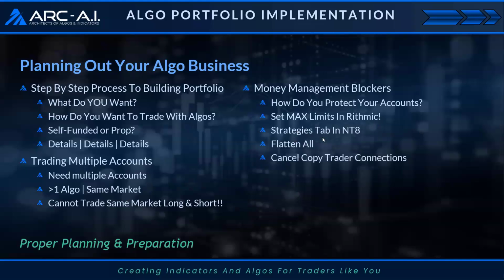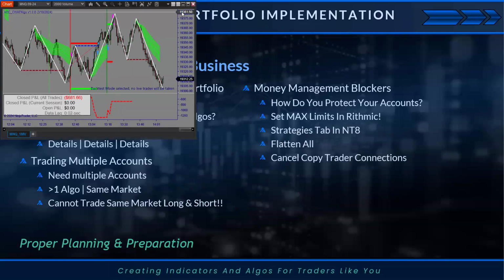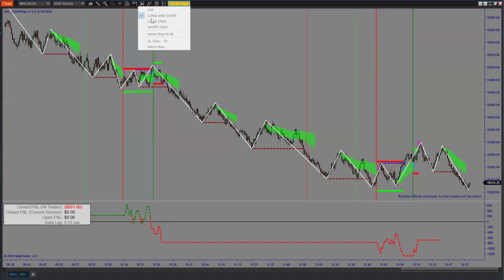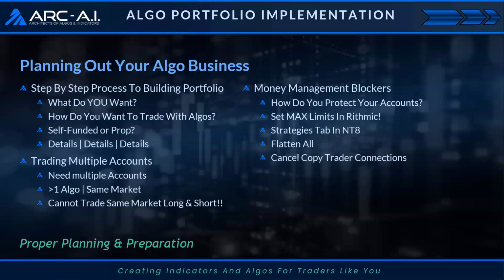Or you can use the drop down menu, and you just hit off. If you're live trading, these will be highlighted and you can click them and hit off and it's going to close your trade. So that's a quick way to get the job done without having to close out all of your trades.